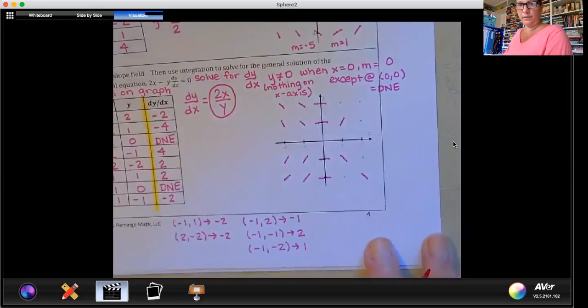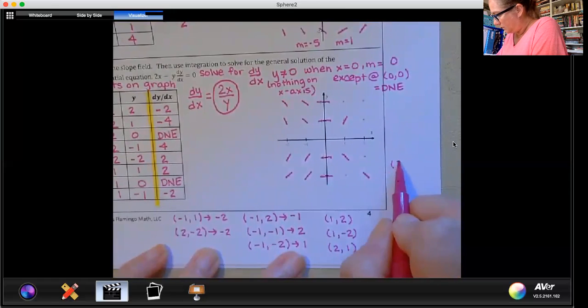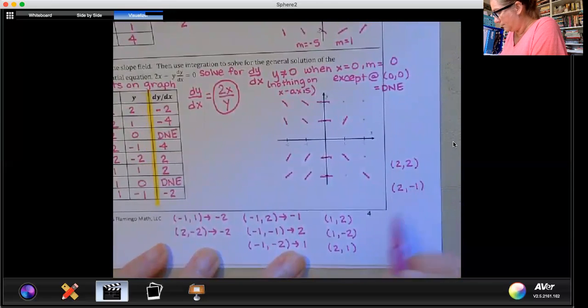Just picking the points here on the graph. So the ones I have left are (1, 2), (1, -2), (2, 1), (2, 2), and (2, -1).